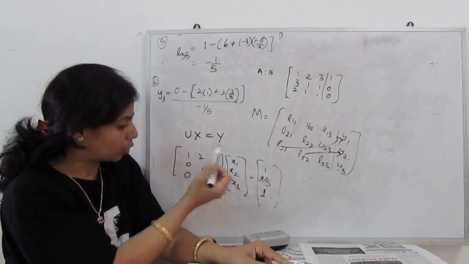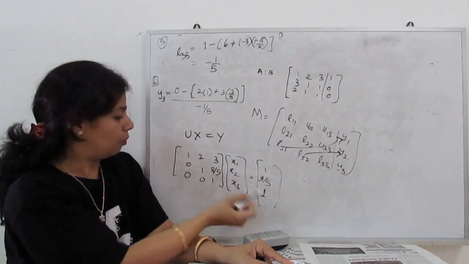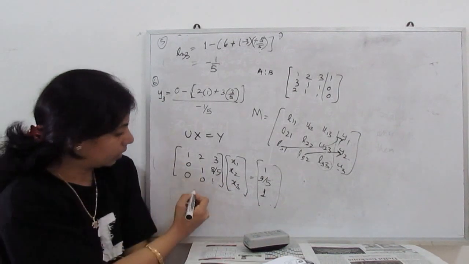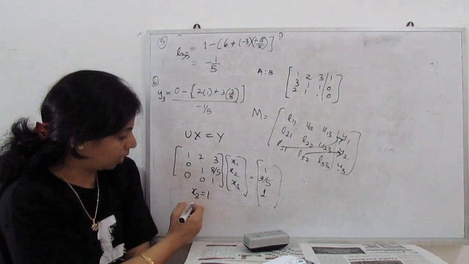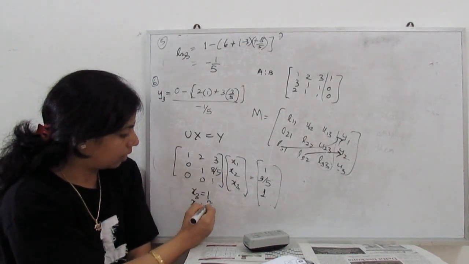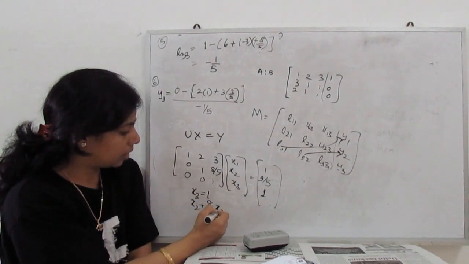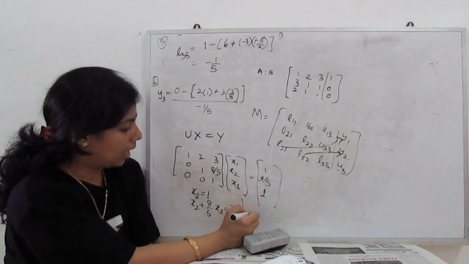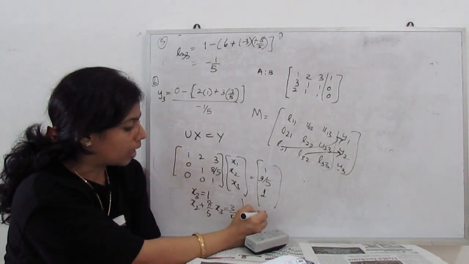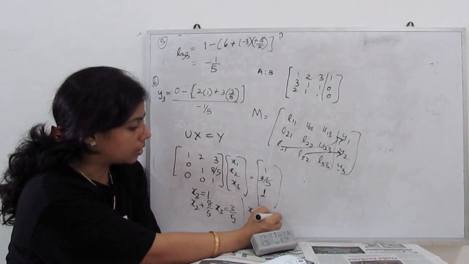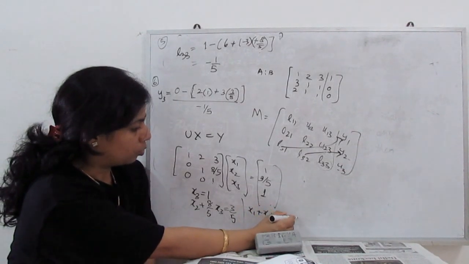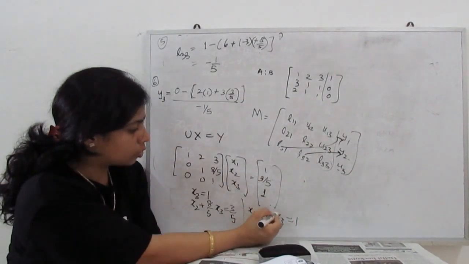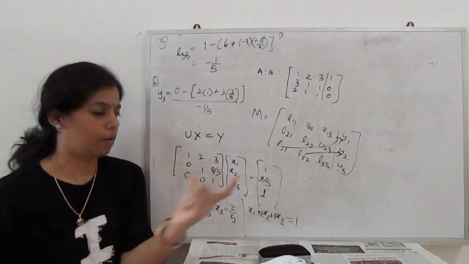Now simplify, solve it. x3 equal to 1, x2 plus 8 by 5 x3 equal to 3 by 5, and the third equation x1 plus 2x2 plus 3x3 equal to 1.